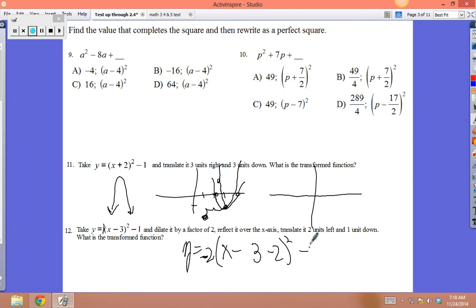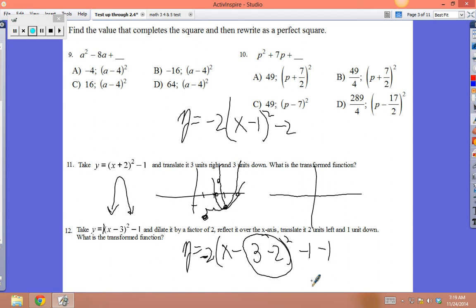And then I went down 1, and I'm going to go 1 more down. So I'm going to combine these. 3 to the right and 2 to the left. My final answer is negative 2 times x minus 1 squared minus 2. So minus 1 and minus 1 is minus 2. This is it. That is your final answer.